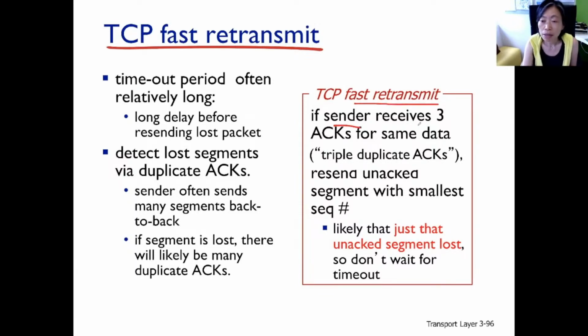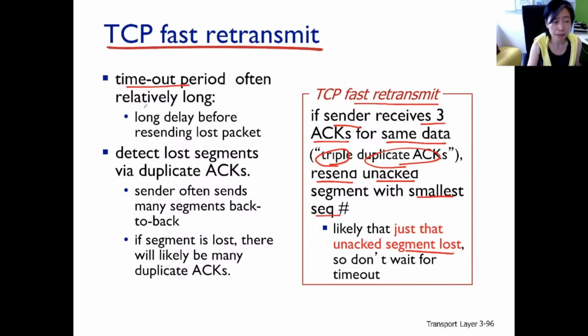When the sender receives multiple ACKs for the same data, to be more precise, triple duplicate ACKs, then we resend the unACKed segment with the smallest sequence number, because this is very likely the lost packet. So then we don't have the problem of a long timeout interval, because otherwise we'd be waiting a long time to retransmit just this sporadic loss.